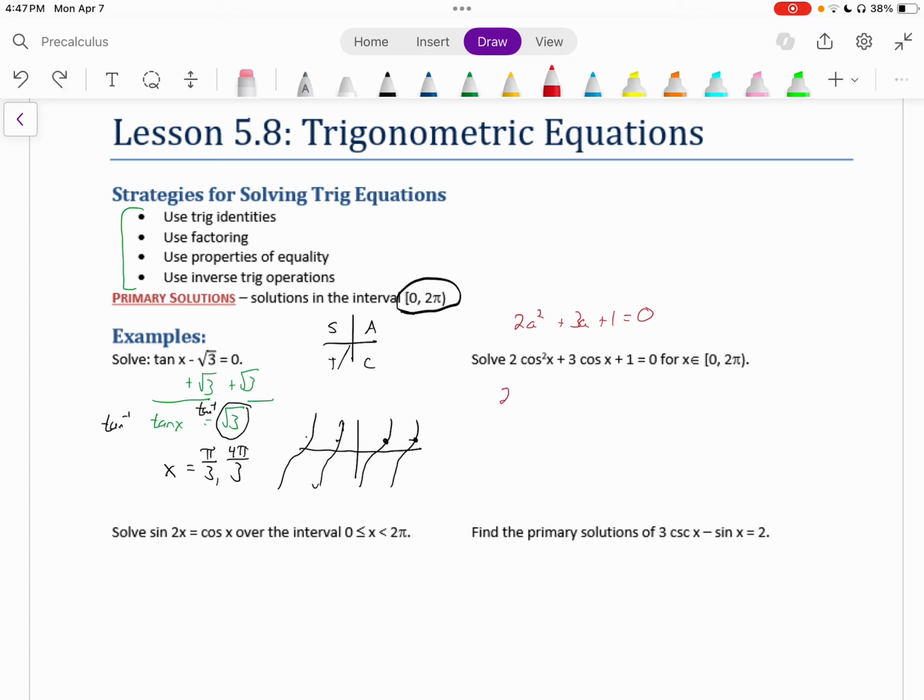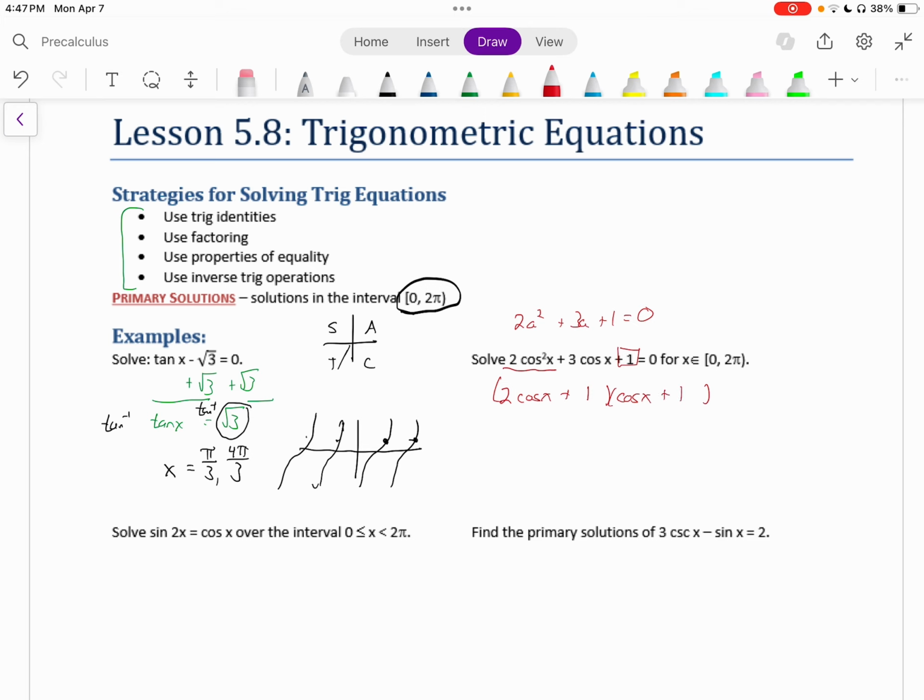But instead of having a, we have 2 cosine squared x. So to factor, how do we get a 2 cosine squared x? Well, we need a 2 cosine x here, and then a cosine x here. And then we think, how do we get 1? What multiplies together to equal 1? Well, that's pretty straightforward on this one. That's 1 times 1.